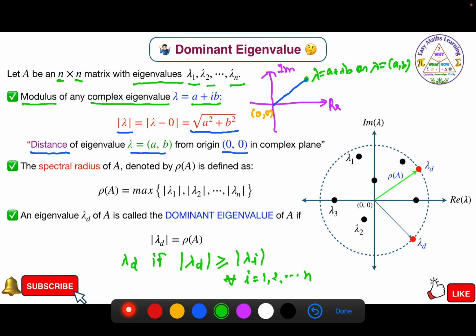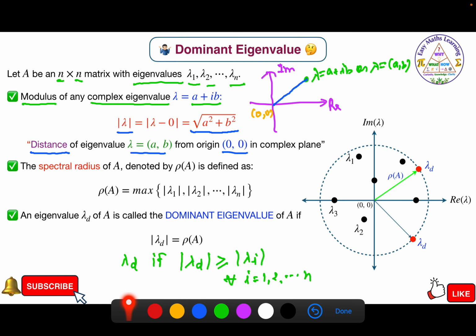So now this is the complex plane you can see here, and horizontal axis, this is the real part, vertical axis or imaginary axis, you can see all eigenvalues are plotted here. This is lambda 1, this is lambda 2, lambda 3, okay, and other eigenvalues by black dots here you can see.